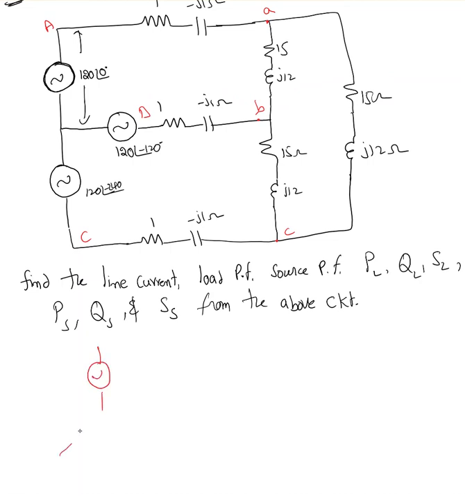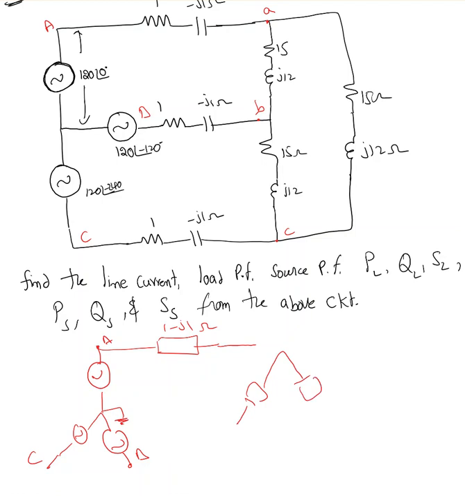So here is my source, A, B, C, and this is going to be grounded. Now here we have some line impedance, which is 1 minus j1. Now A, B, C looks like a delta, so I'm going to draw a delta load here.